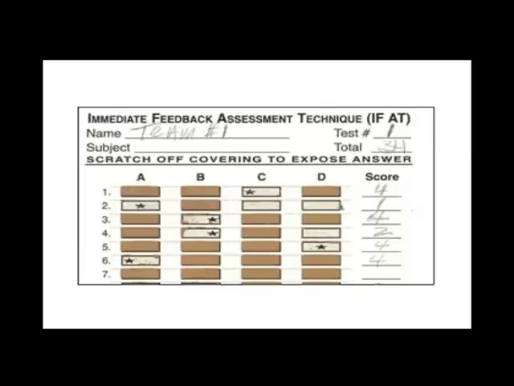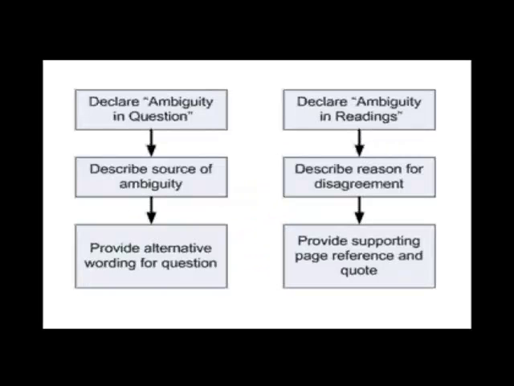Once the team test is starting to wrap up, I circulate around and I glance at people's cards, and anytime that they've scratched off all four, i.e. they don't know the answer to that question, I encourage them to do something known as the appeals process. We have a form that we hand out, and the students can put a scholarly written argument together to appeal one of the answers.